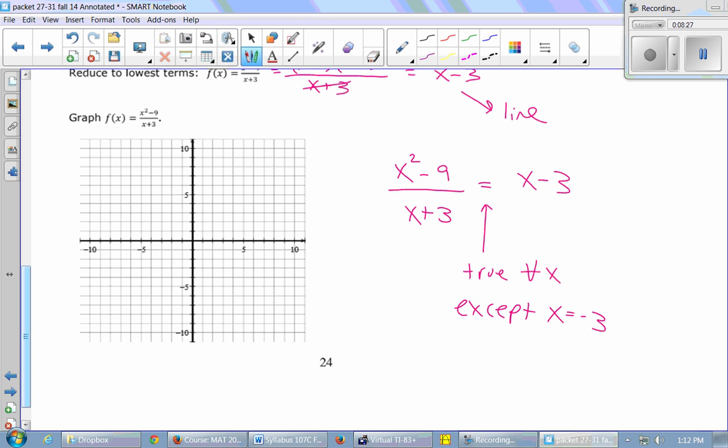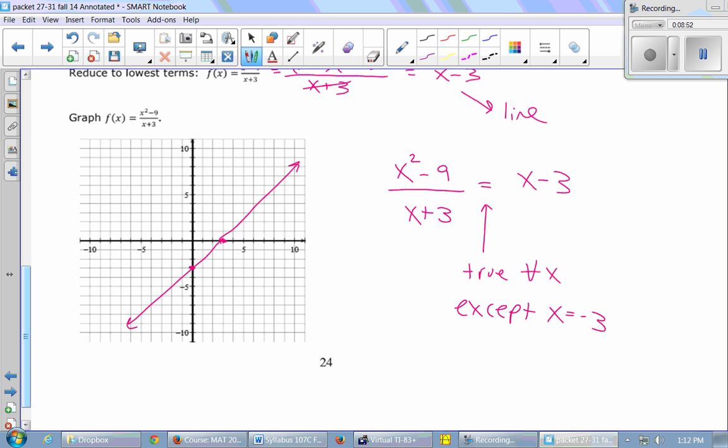So the graph of the line x minus 3 has a y-intercept at -3 and a slope of 1. So I can put an x-intercept at 3, and I will draw my line. But this is the graph of x minus 3, which is almost exactly the same as the graph of x squared minus 9 over x plus 3.